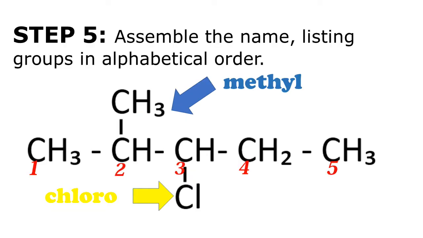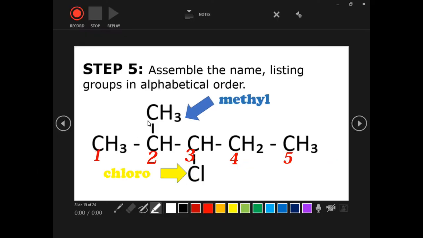Step 5. Assemble the name listing groups in alphabetical order. Again, we have the substituents methyl and chloro, and they are found on carbon number 2 and carbon number 3 respectively. Methyl starts with letter M and chloro starts with letter C, so we will arrange them according to alphabetical order.